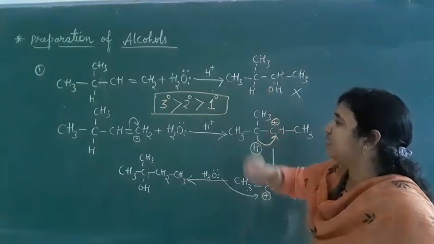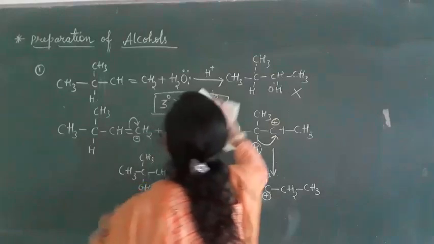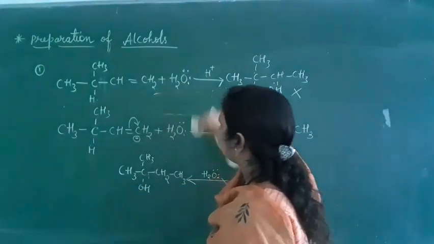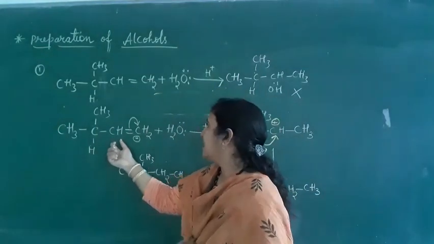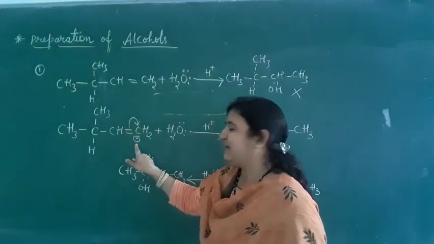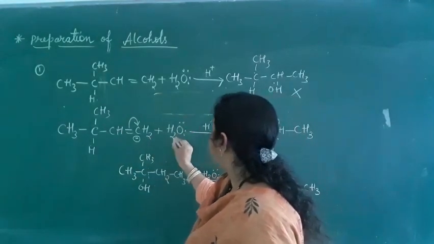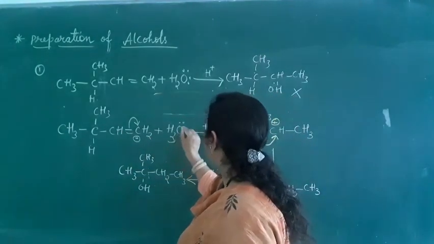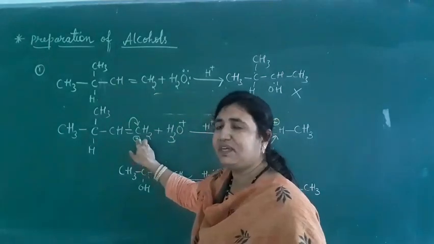How is it wrong? Look here. This is our isopentene. Now these electrons will shift here, and it becomes a negative charge here. So this H3O plus, the hydronium, will attack here, and H plus will come here.